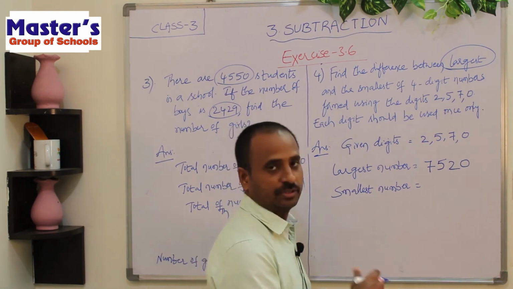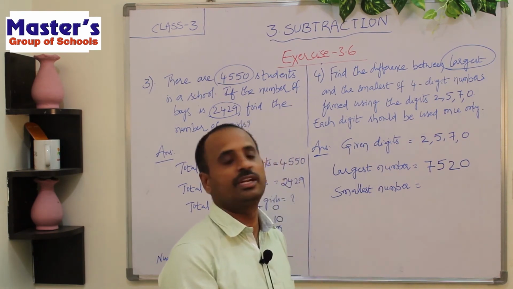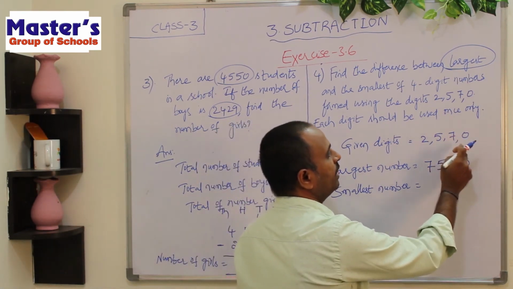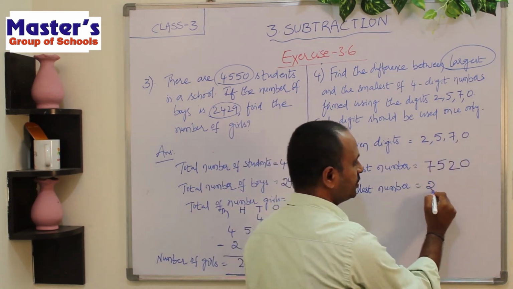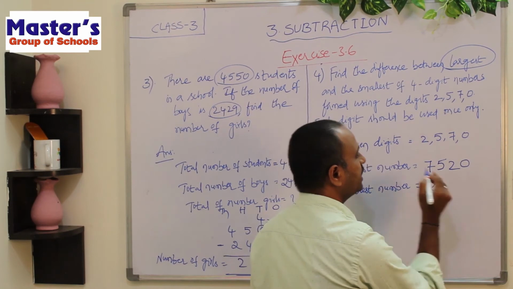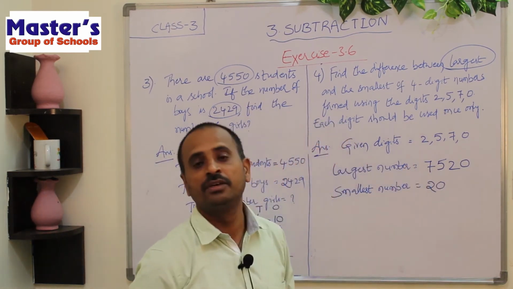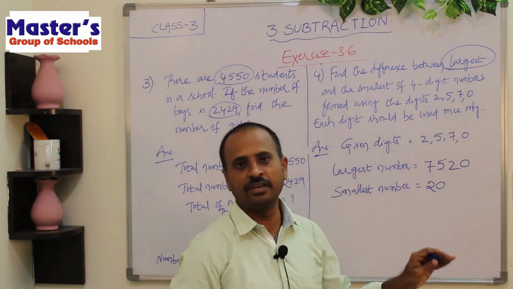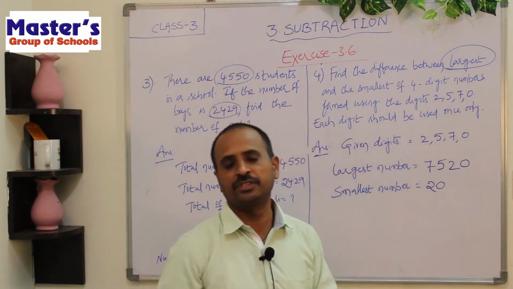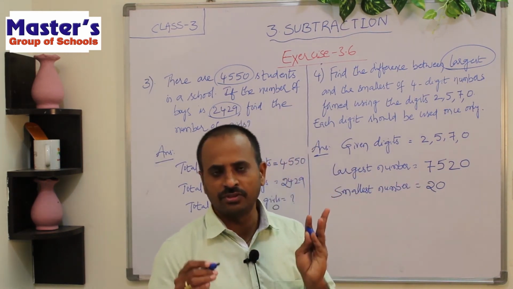The next smallest number after 0. What is the next smallest after 0? 2. So write 2 in the first place and 0 in the second place. So children, do you understand? If 0 is present in the given digits, while writing ascending order, 0 should not be written first, because any number should not start with 0.